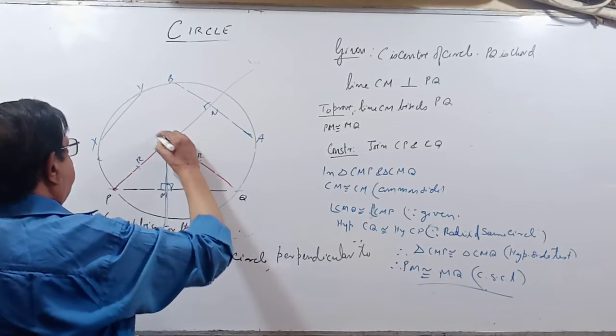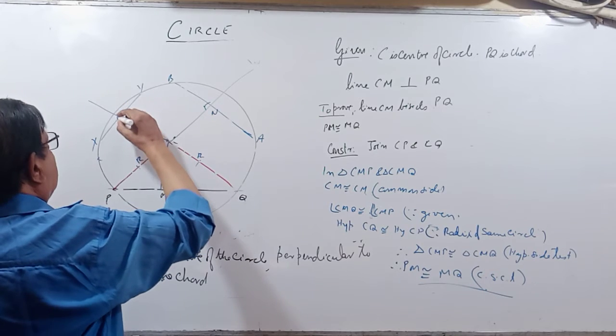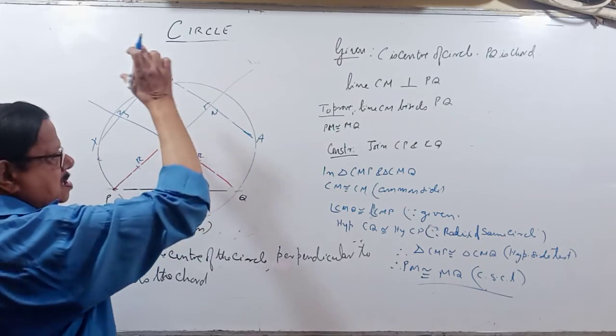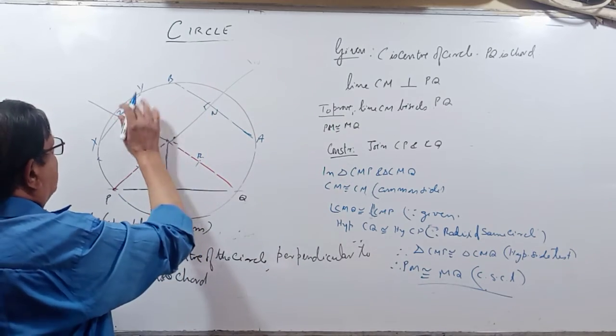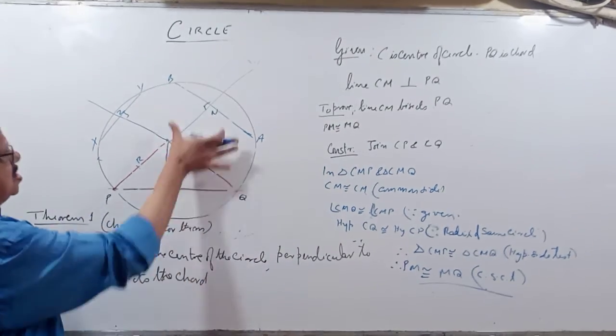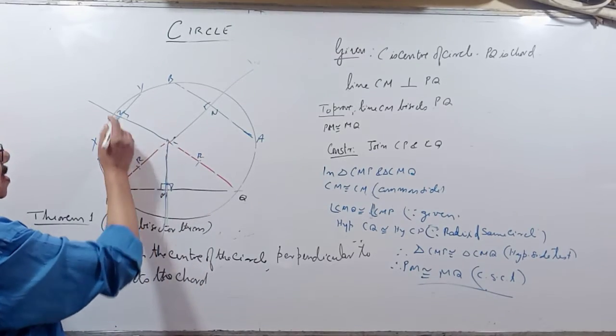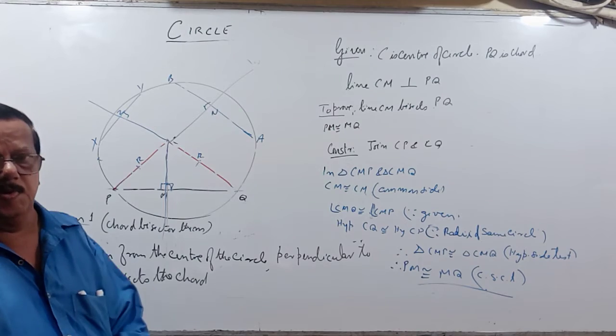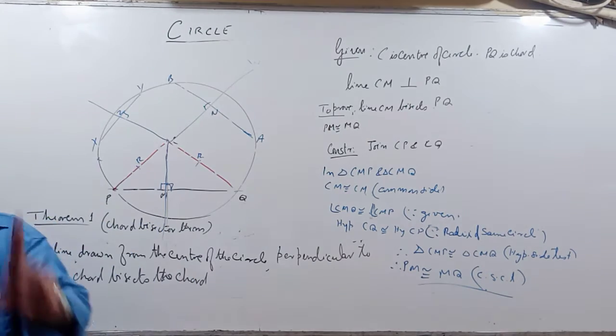If I draw a perpendicular here at Z, XZ is equal to ZY. So this will be the midpoint of any chord, whatever be the size of the chord. If I draw a perpendicular, that bisects the chord. Very important theorem to write down here. I hope you have understood. Okay.